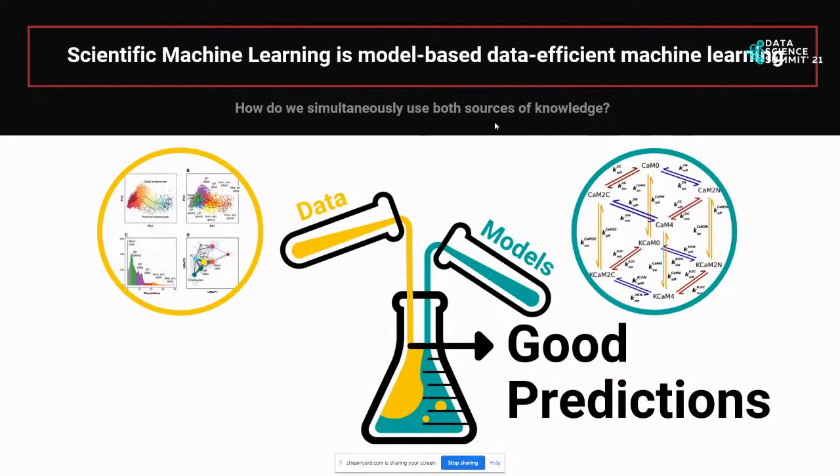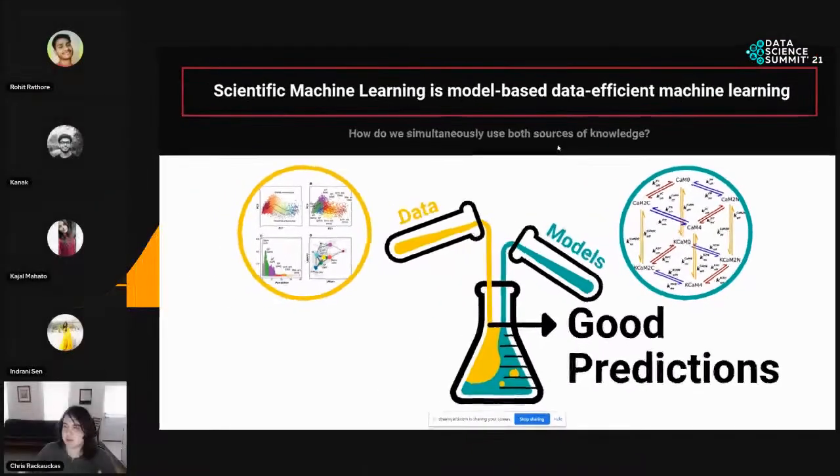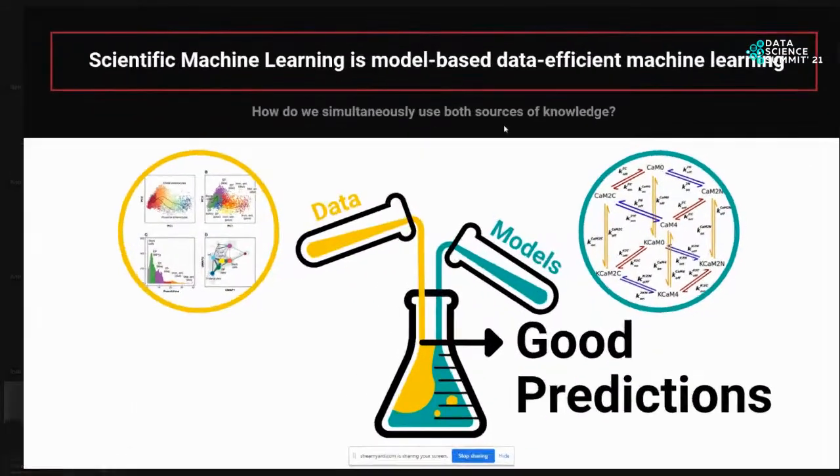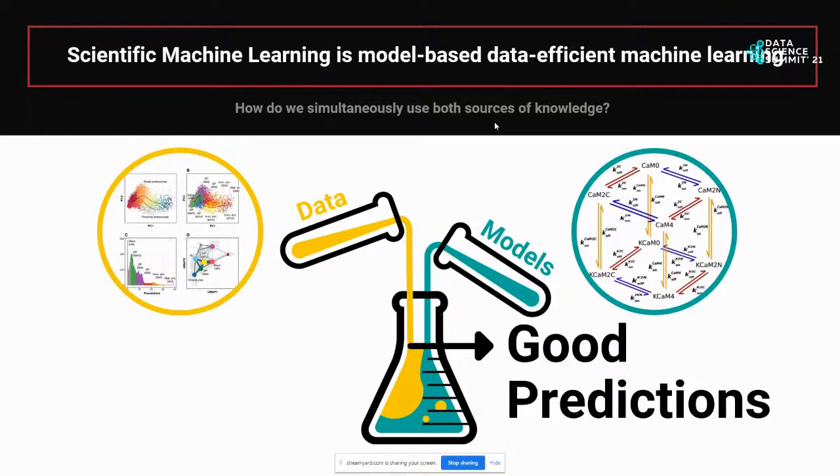Scientific machine learning as a whole is this model-based, data-efficient version of machine learning. At a high level, it's trying to mix models with data, right? Take a biological model: when you go to a biology class and they tell you something about the canonical Wnt signaling pathway, that is a lot of knowledge, a lot of data.